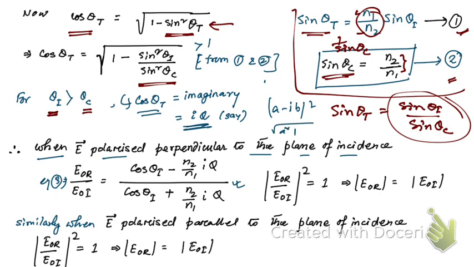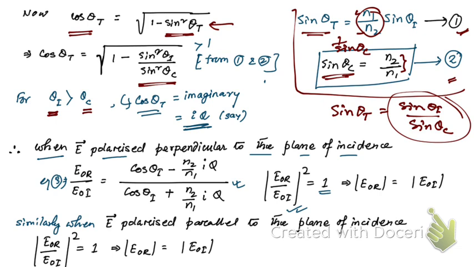Root over a square plus b square, right? Similarly, for a minus ib, if you take the mod of this, you will also get root over a square plus b square. In both cases the result will be the same, right? So that's why, on taking mod square, we have got 1, right?